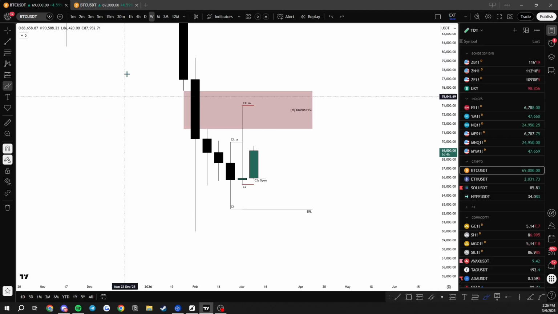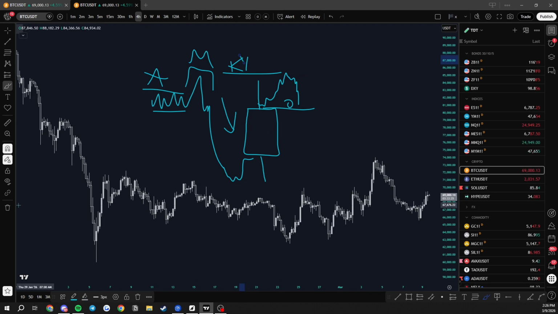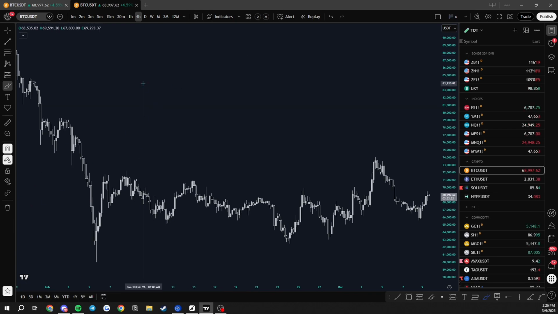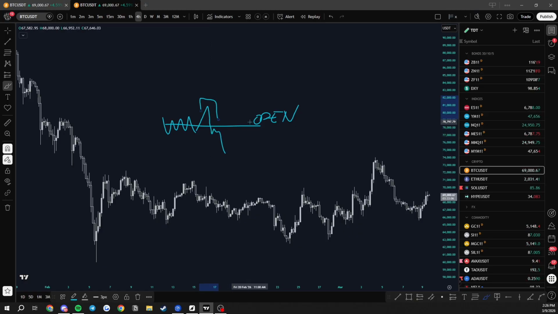Because regardless of what price is doing right now, if I'm expecting a bearish candle, I need a move above the open before I start to get involved. I need something like this before I begin to get involved.